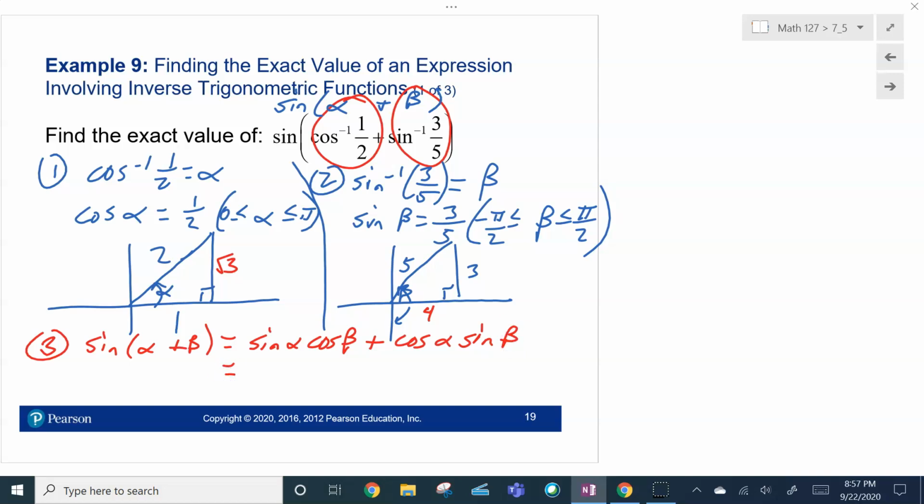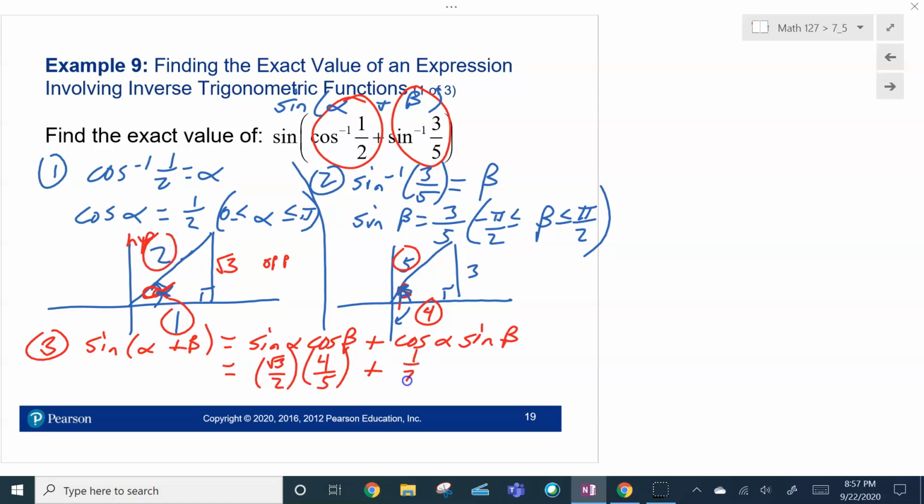Sine of alpha, so now I'm looking over here at alpha. Sine of alpha is opposite, here's the opposite side, here's the hypotenuse, root 3 over 2. My cosine of beta is adjacent, so now I'm looking over here at beta, adjacent over hypotenuse, 4/5. And then cosine alpha, I'm back over here to alpha, adjacent, so 1/2.